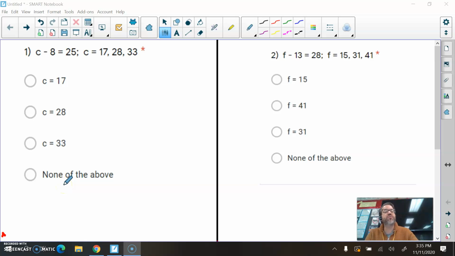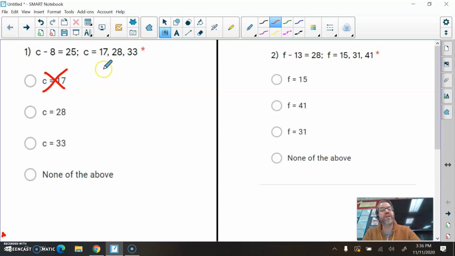Right away, I know it won't be 17. How do I know that? Well, it can't be 17 because how could you take 17, subtract 8, and get 25? That can't happen. Our value for C has to be bigger than 25. So I don't even have to try the 17.